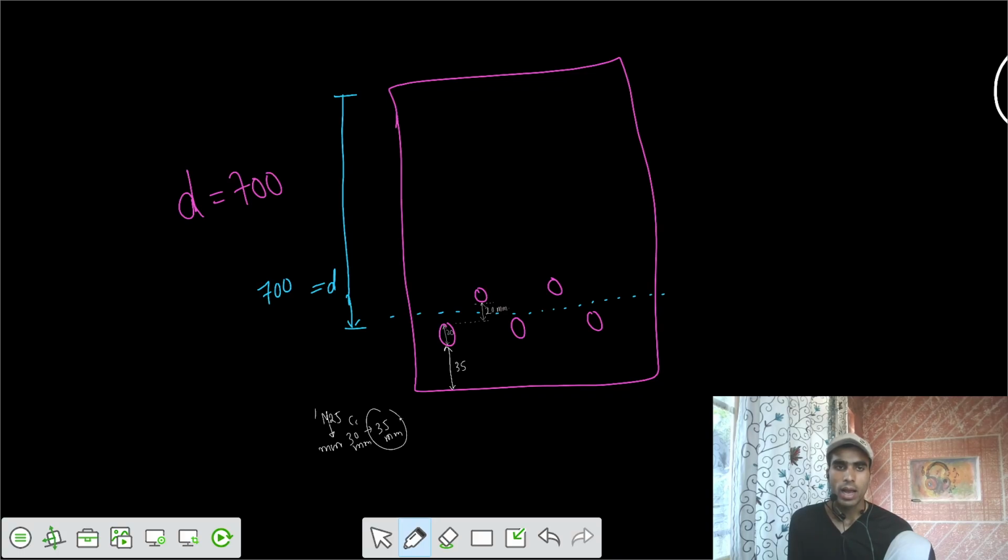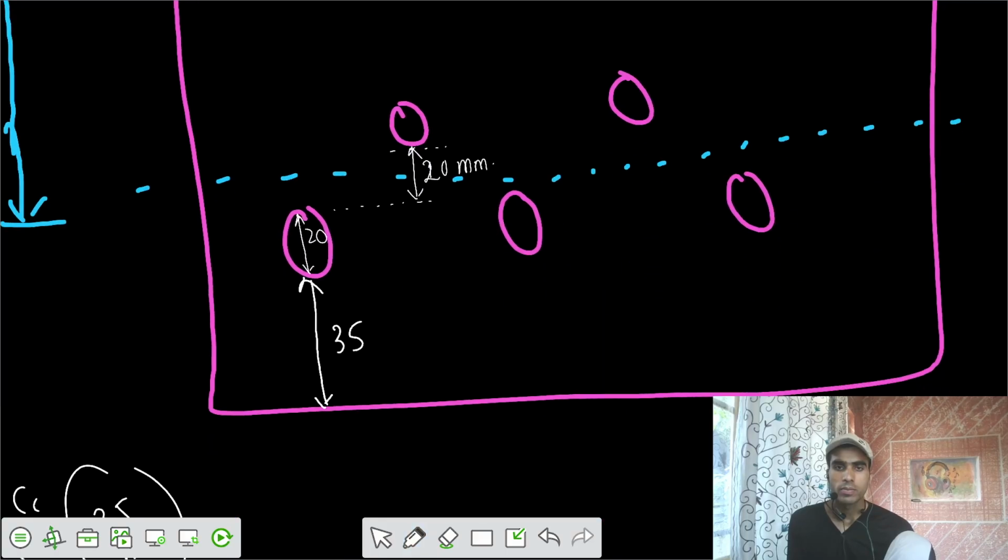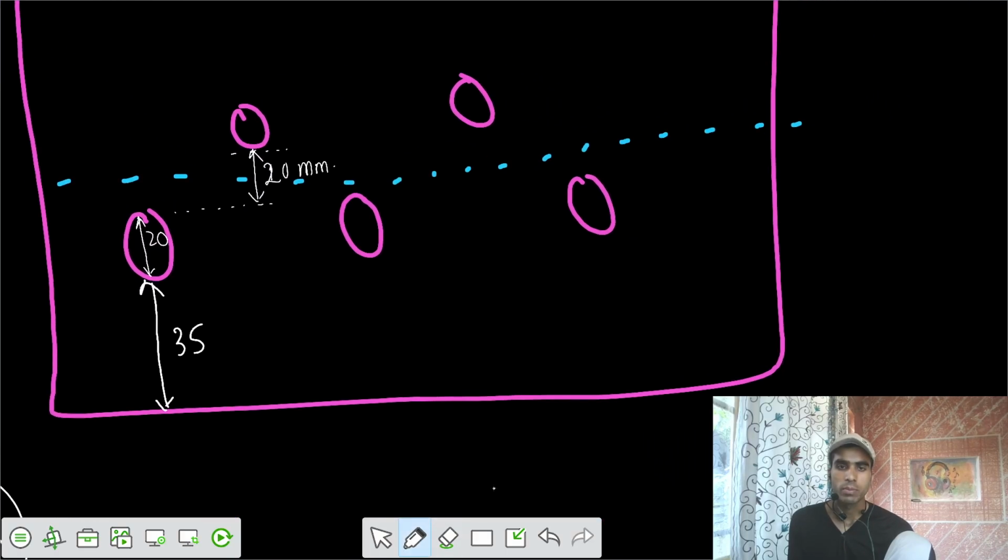And after that, I have to get the capital D. See how I am going to calculate capital D. I'm going to take this total of 20, the vertical spacing between the bars, that is 20, and that means this center to center is 10.